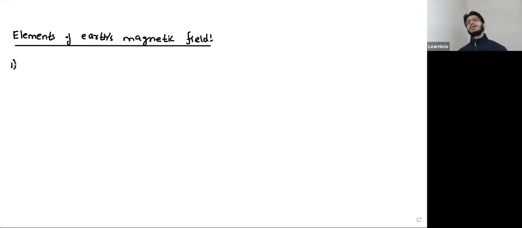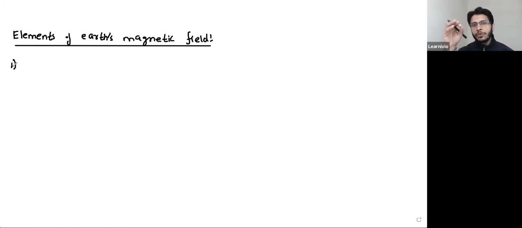What does element of Earth's magnetic field mean? In geography, if you want to know the exact location of any point on the surface of Earth, you require two angles. One is known as latitude, another is known as longitude. So you just need the latitude and longitude of that point, right?